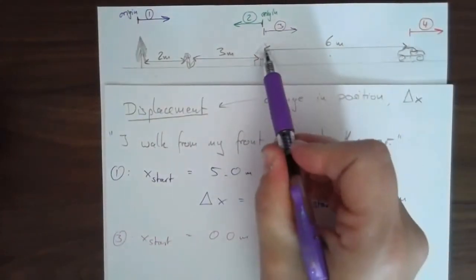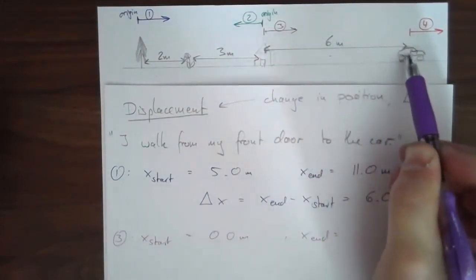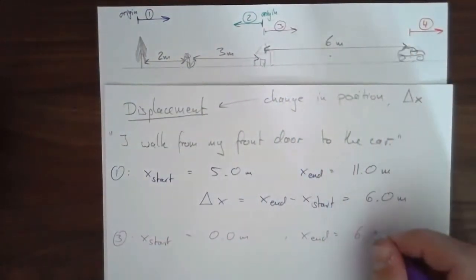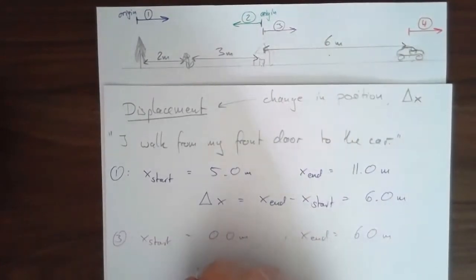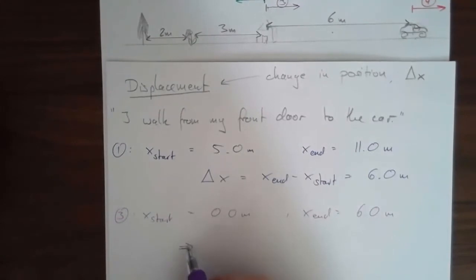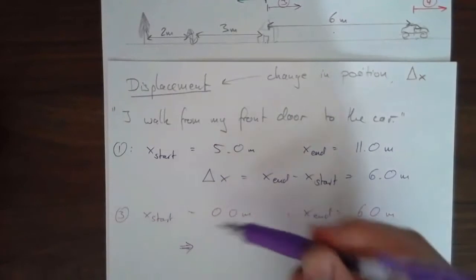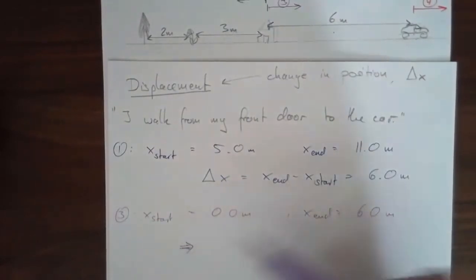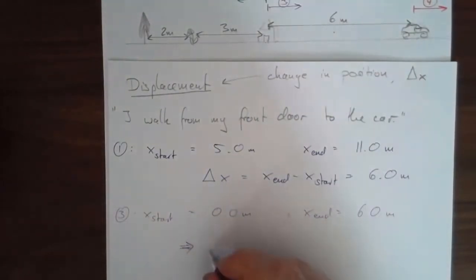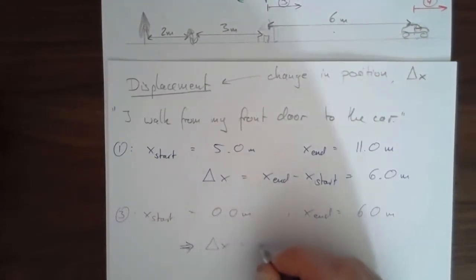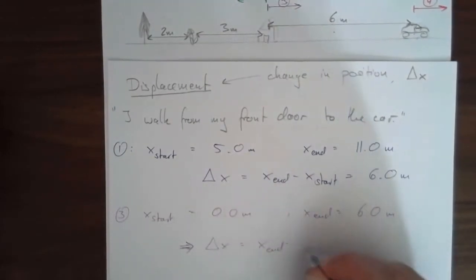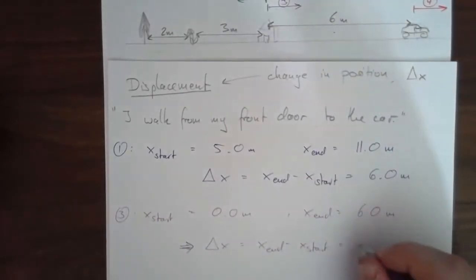If I imagine my long ruler on the ground, the car would be parked at position 6 meters. And so that implies, this double arrow is math for implies, that delta x, the change in position, x end minus x start, is equal to 6 minus 0, that's just 6.